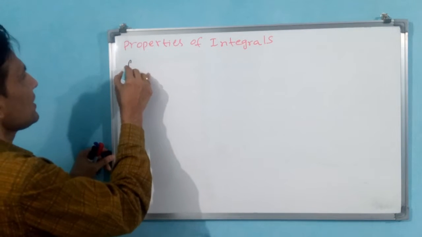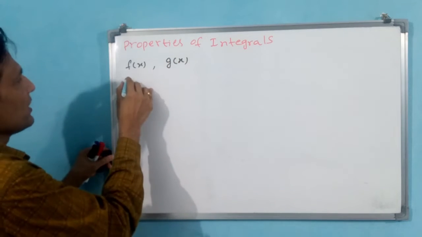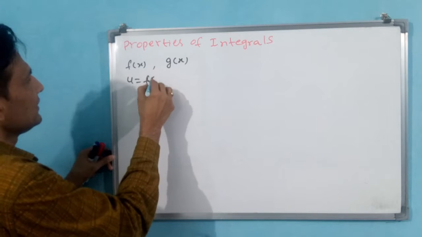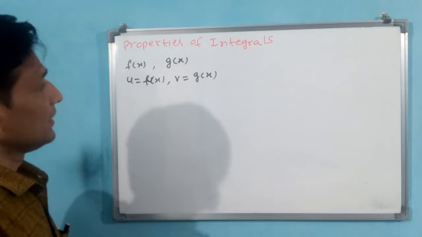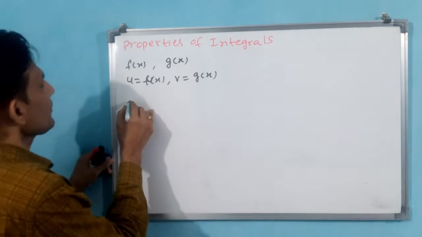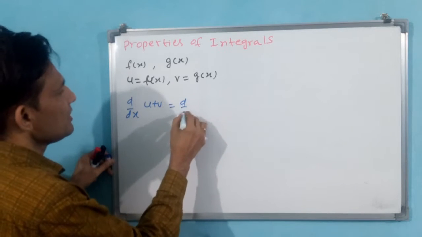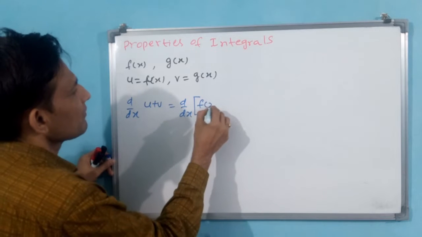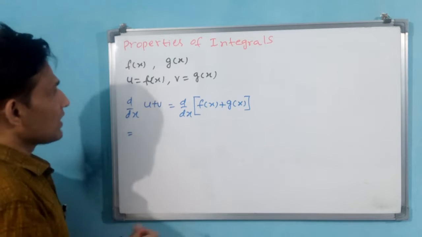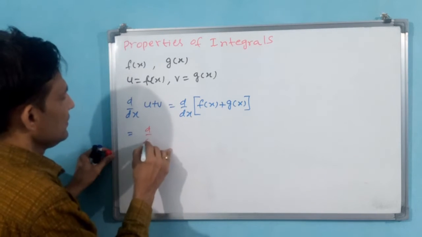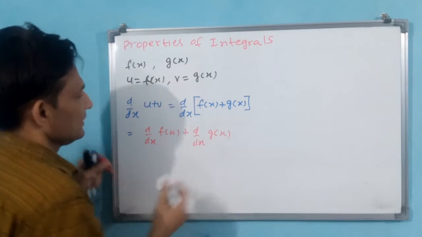In differentiation, if two functions are there, f of x and g of x, or we can say u is equal to f of x, v is equal to g of x, then d by dx of u plus v, that is d by dx of f of x plus g of x, is equal to d by dx of f of x plus d by dx of g of x. Is it okay?